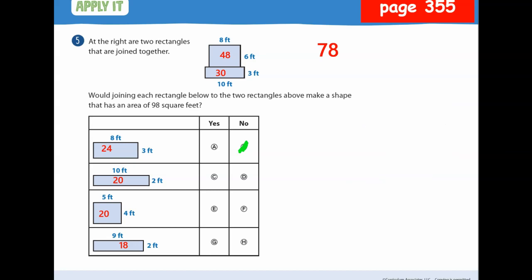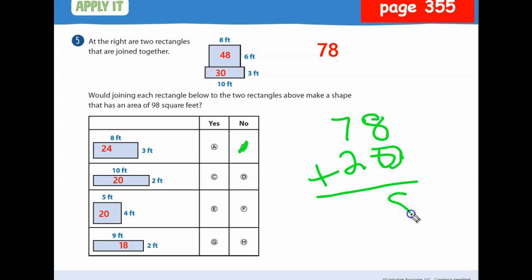Let's see. If I add 20 to 78, do I get 98? Yes. 8 plus 0 is 8. 7 plus 2 is 9. So do I get 98? Yes, I do. Got to work it out before I say anything.